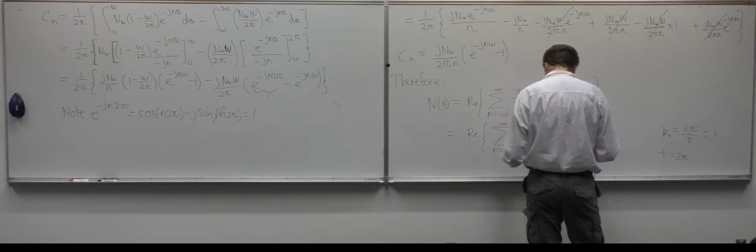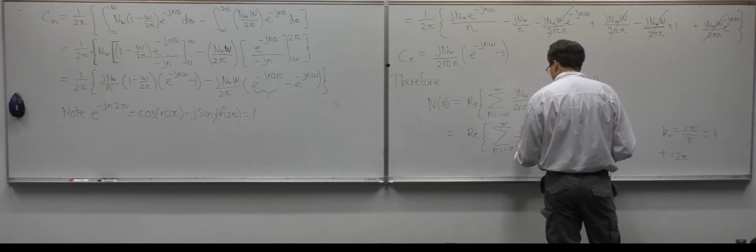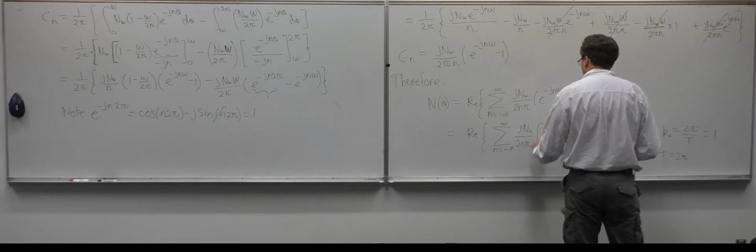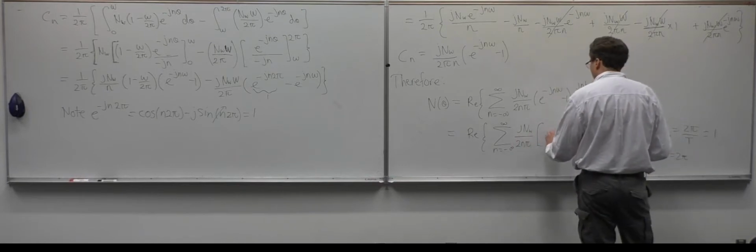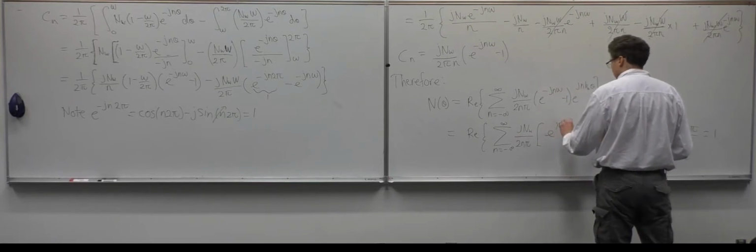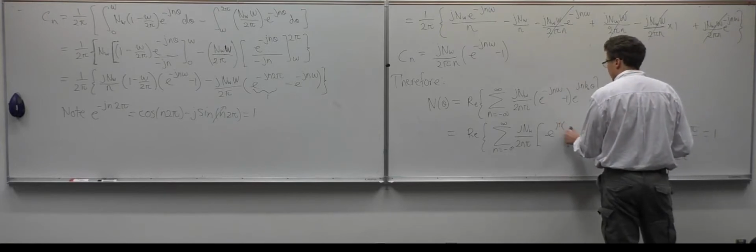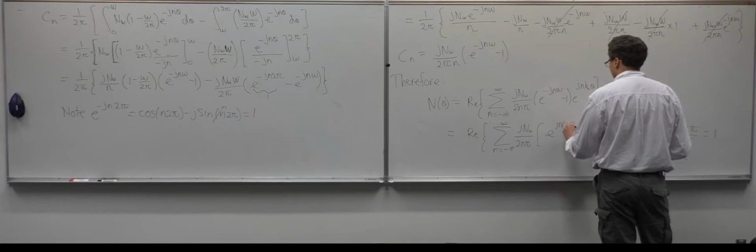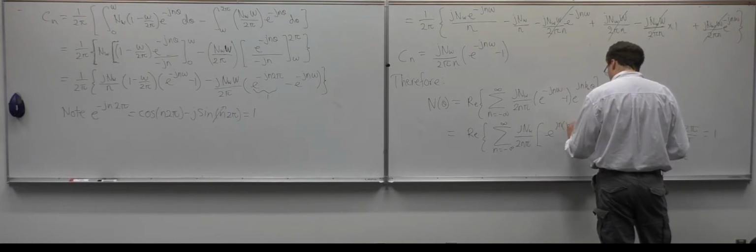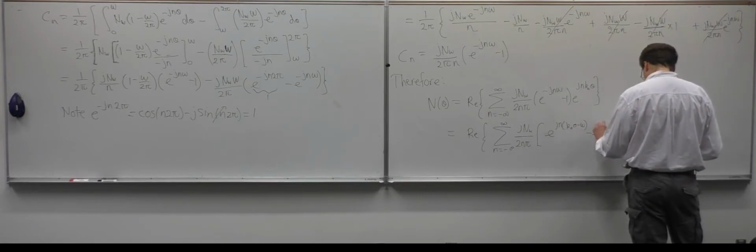We have j n sub w divided by 2 n pi, and I'm just going to write this out in a longer way. e to the j n w, e to the j n k naught theta minus w, minus e to the j n k naught theta, like that.